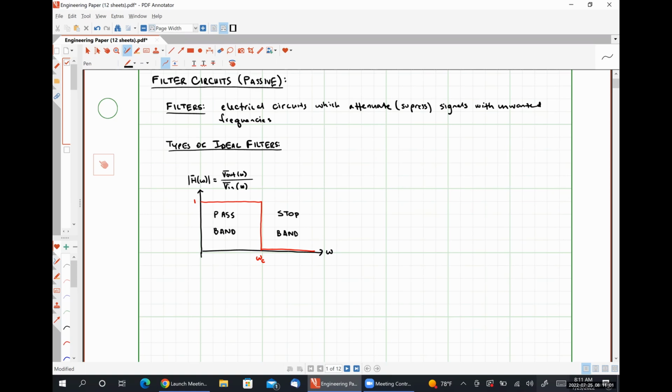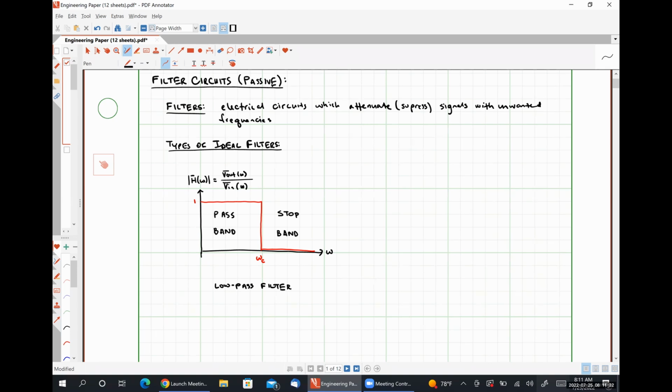So this particular circuit is what's known as a low pass filter. This is an example of an ideal low pass filter because of what we call the brick wall response. What the brick wall response means is effectively there is not a gradual transition between the pass band and the stop band.